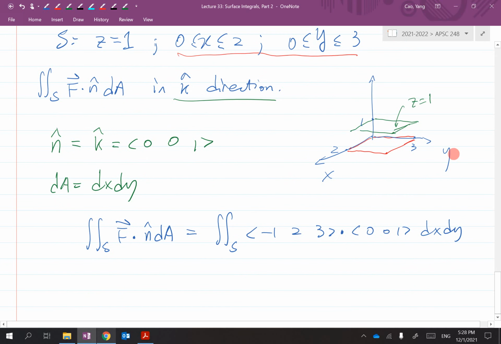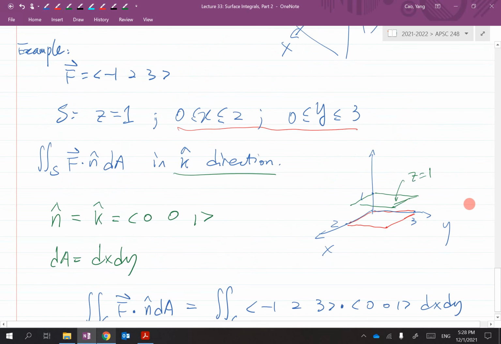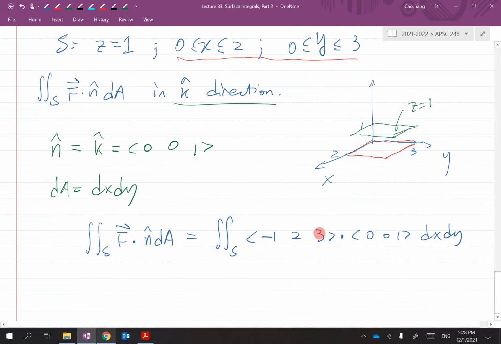If I change the question slightly, let's say instead of a 3 here I put z squared, then what should I replace the z with? Exactly. Don't forget the information of z given by the surface.